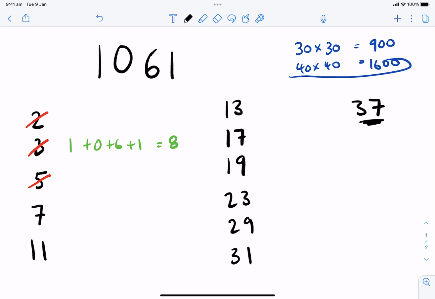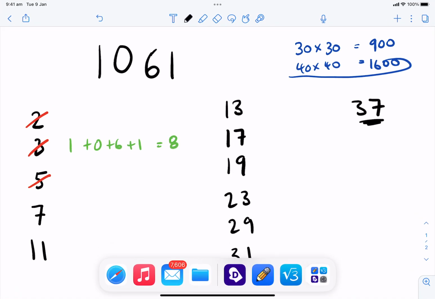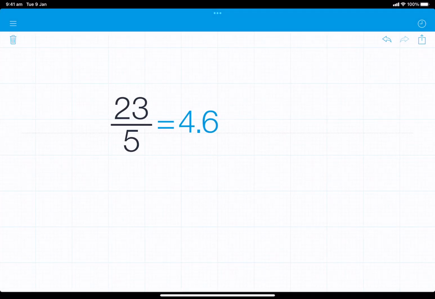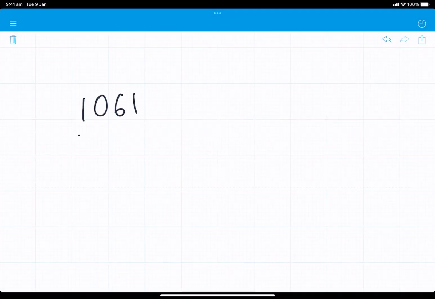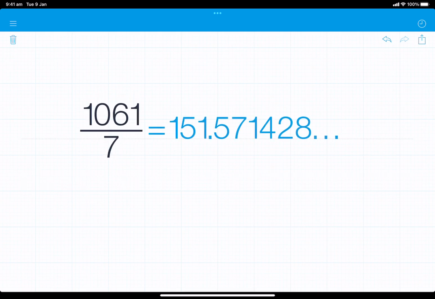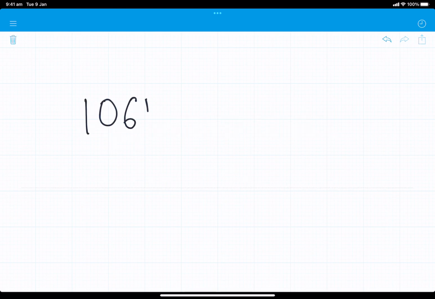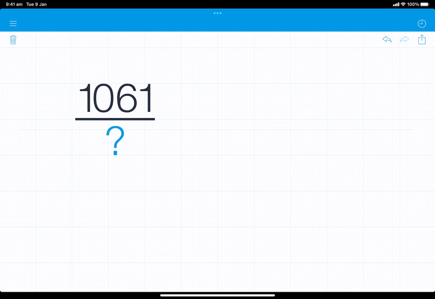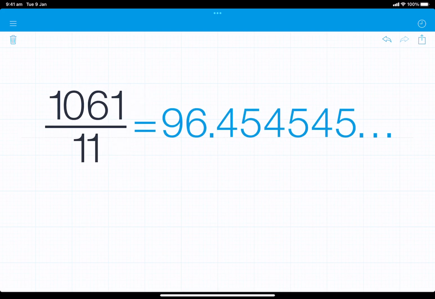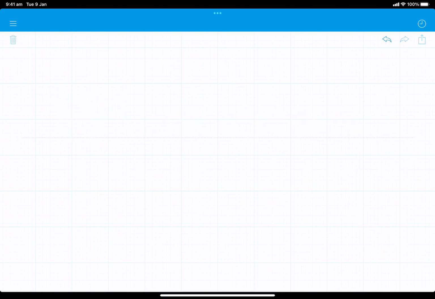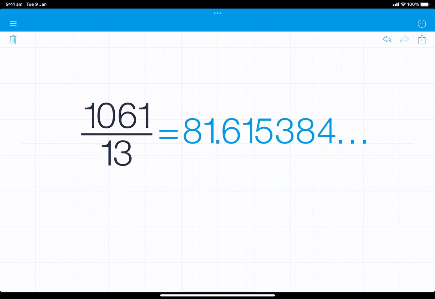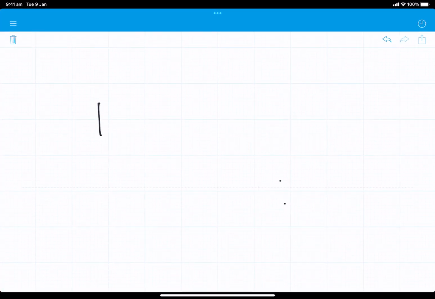So then I'm just going to use the calculator and check whether dividing by any of these gives me a whole number. 1061 divided by 7, no, and we get 151 as the result. 1061 divided by 11 is my next number. No, and I get 96-ish. 1061 divided by 13, no. 1061 divided by 17 is the next prime.